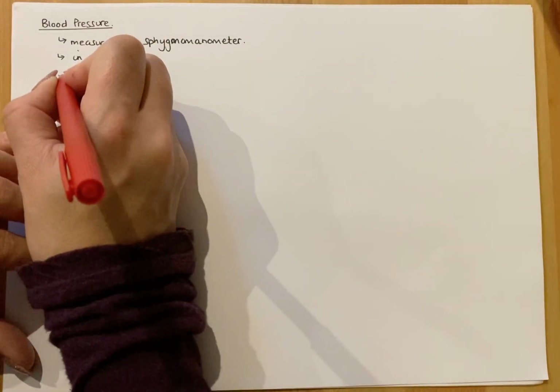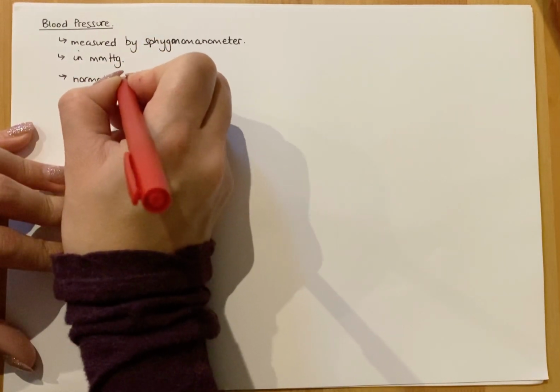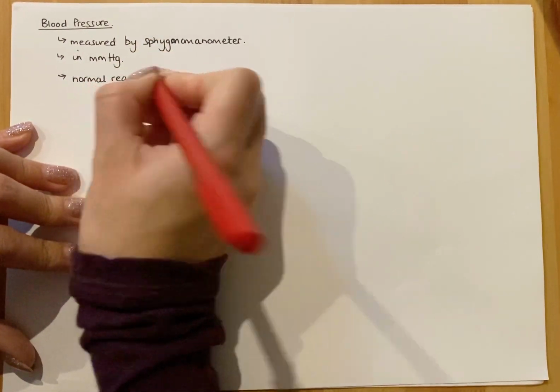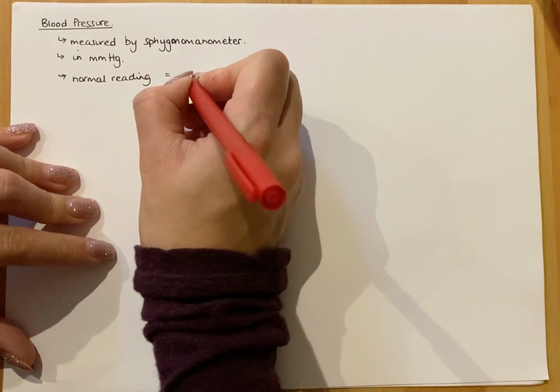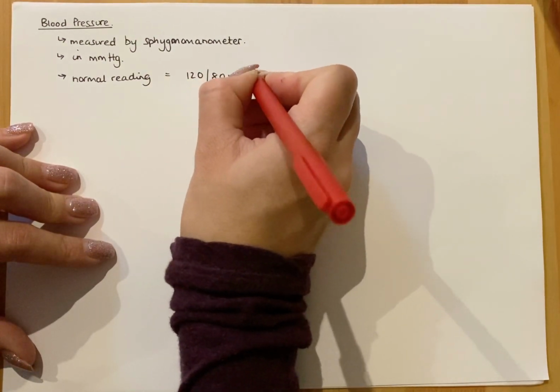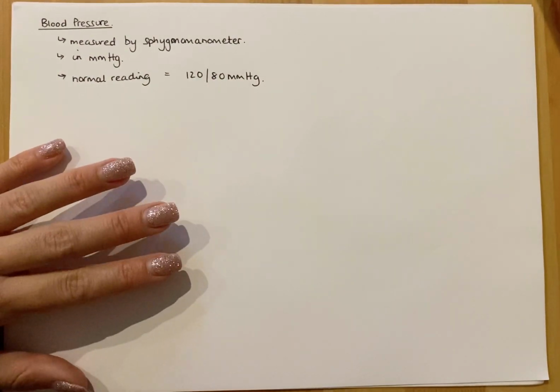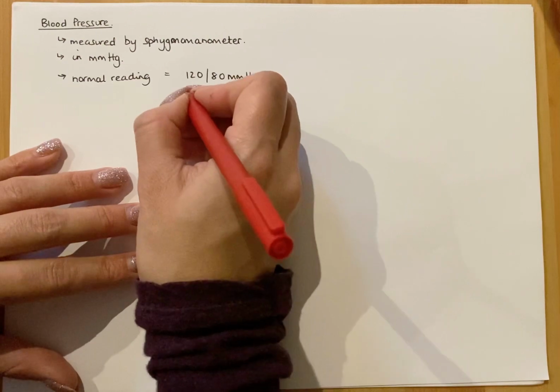Now, a normal reading for a healthy adult would be 120 over 80 millimeters of mercury, mmHg. These two numbers mean two different things.